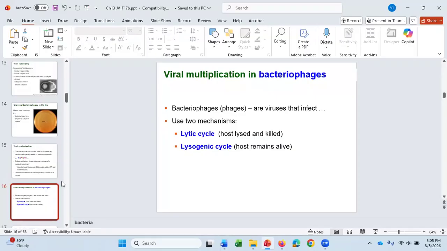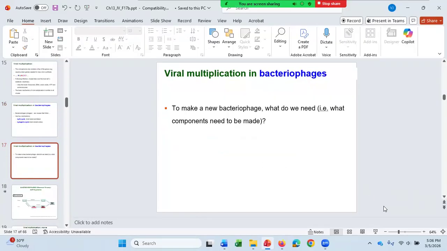Any question about the two ways that bacteriophages reproduce? All right, when we're talking about viral multiplication, especially in bacteriophages, what do bacteriophages need to reproduce? What components does a virus need to make?